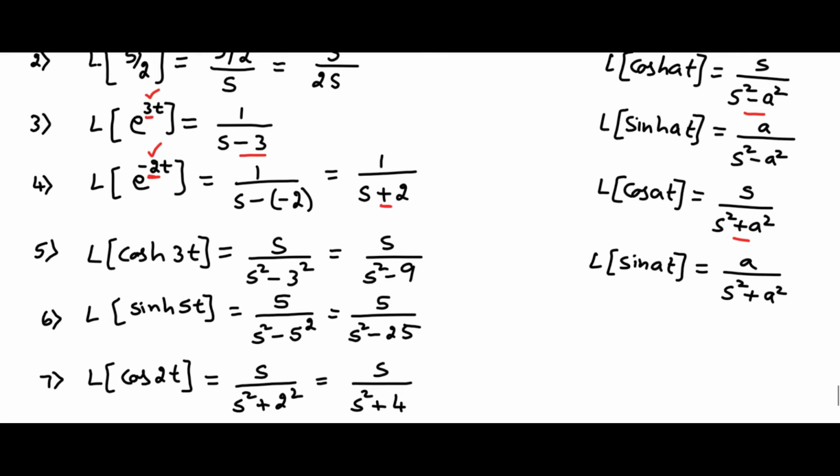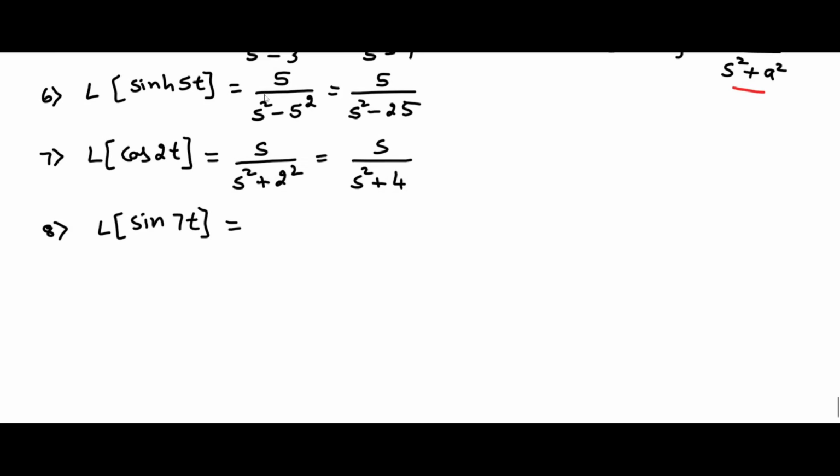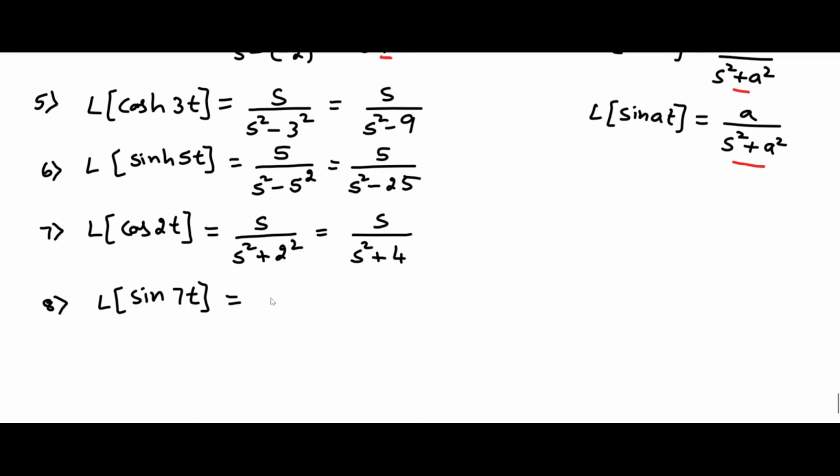Here also, if you compare the hyperbolic function and the trigonometric function, in the case of the hyperbolic function, in the denominator you are getting s square minus a square, whereas in the case of the trigonometric function you are getting s square plus a square. If you use that result over here, the a value is 7. It is 7 divided by s square plus 7 square. So you get the value as 7 divided by s square plus 7 square, which is 49.